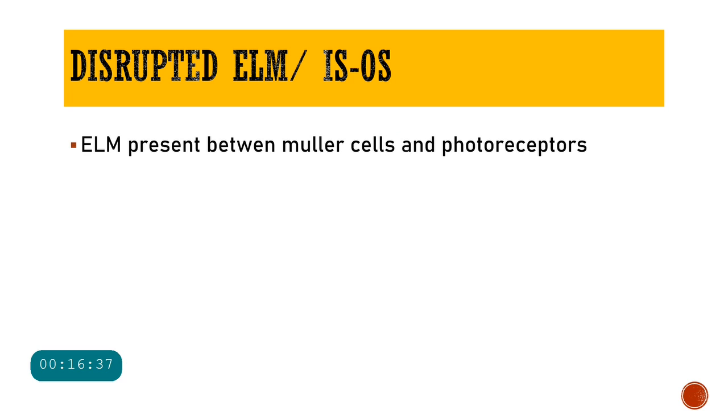Now coming to the next biomarker. The next biomarker is disrupted external limiting membrane. So it's a disrupted external limiting membrane. Now the external limiting membrane is actually present between the Muller cells and the photoreceptors.